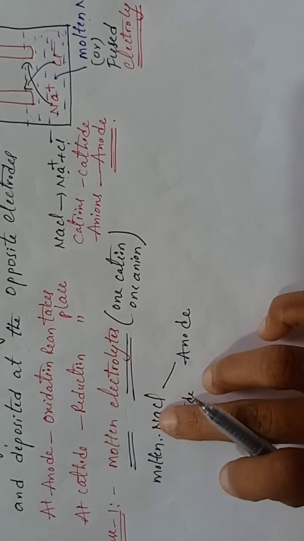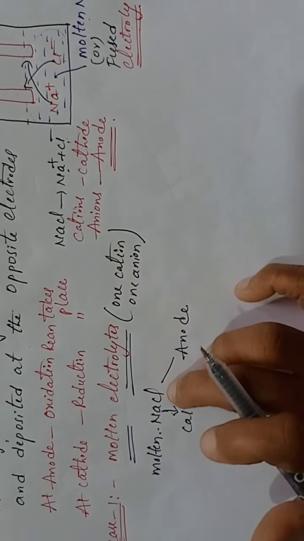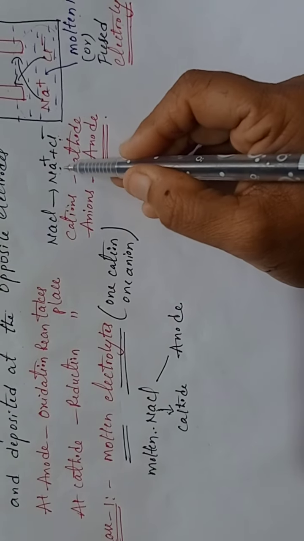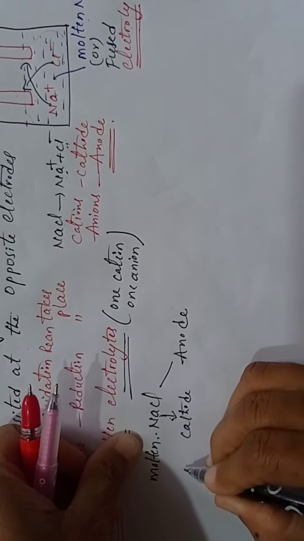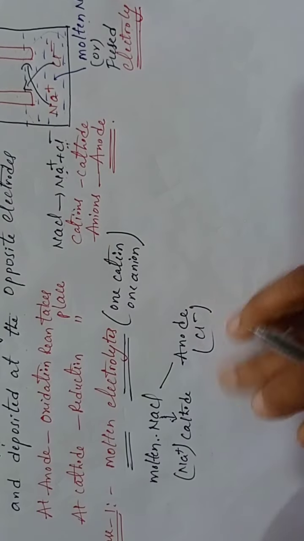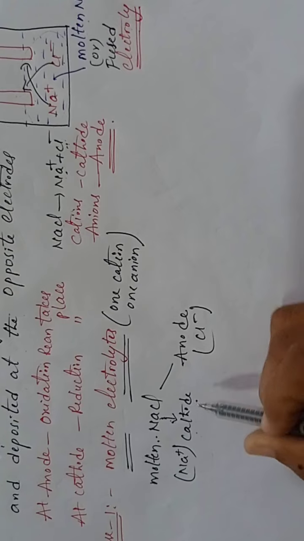Are you following? It splits into ions, Na+ and Cl- ions. So Na+ ions move towards the cathode and Cl- ions move towards the anode, students.